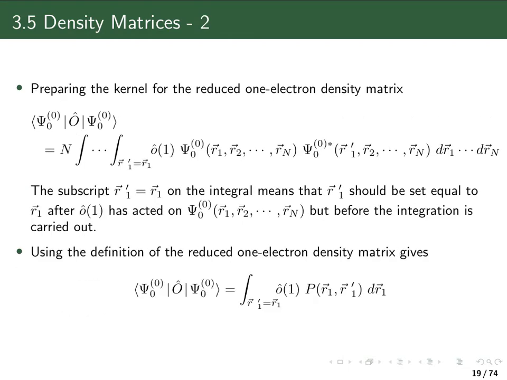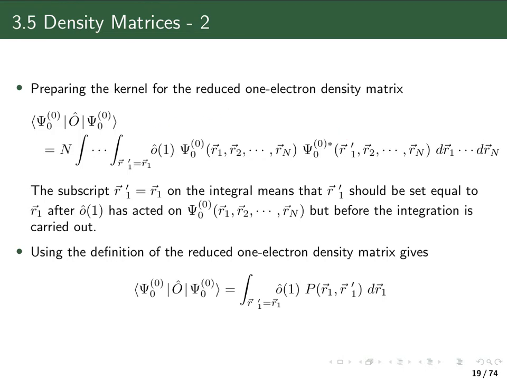But before I can do that, I have to rearrange the kernel of the integral a bit. So I have to move the operator out between the two wave functions. Normally, of course, in an expectation value, the operator is sandwiched between the complex conjugate of the wave function and the wave function. So what I've done now is I've moved the complex conjugate from standing in front of the operator over to the right hand side.